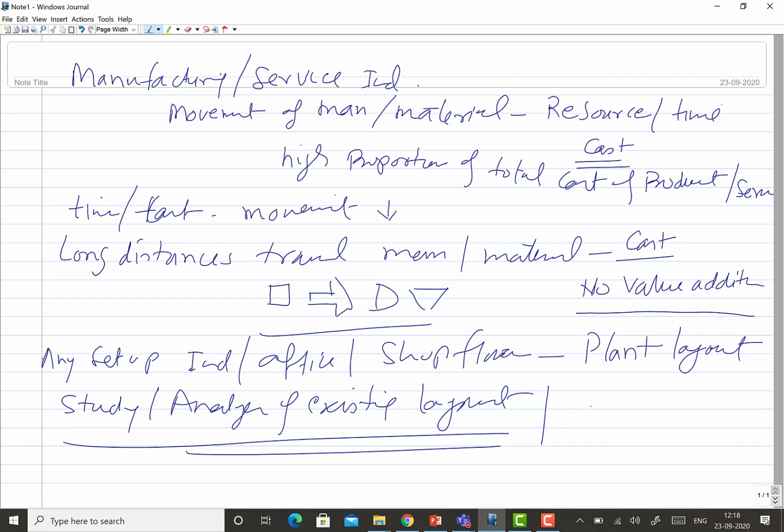But why at all does this happen, and how does this happen in course of manufacturing? So what is the need? Why does it arise at all?